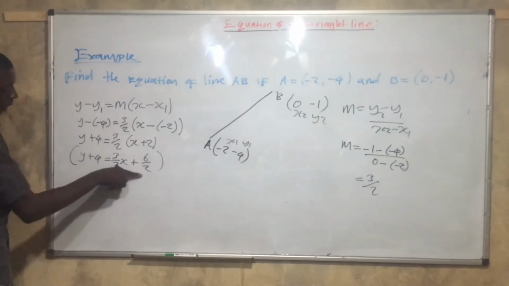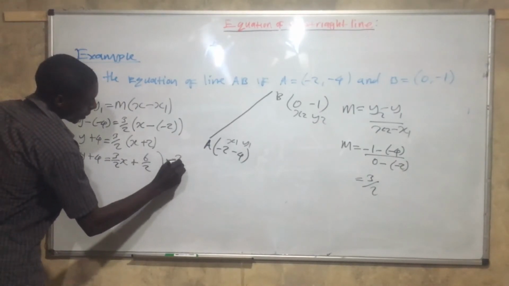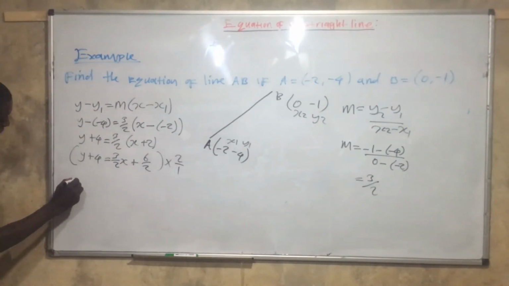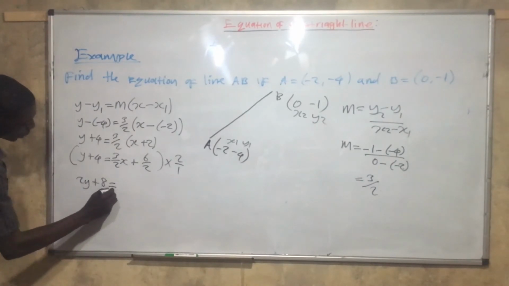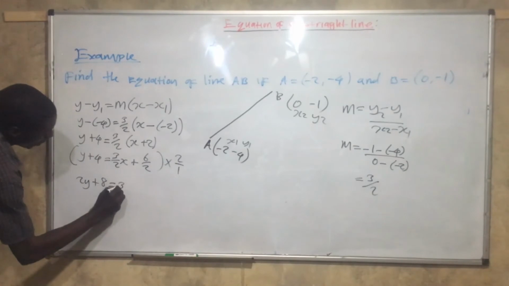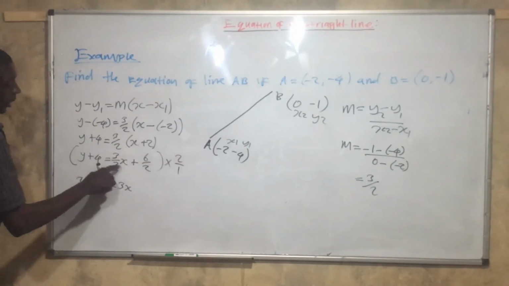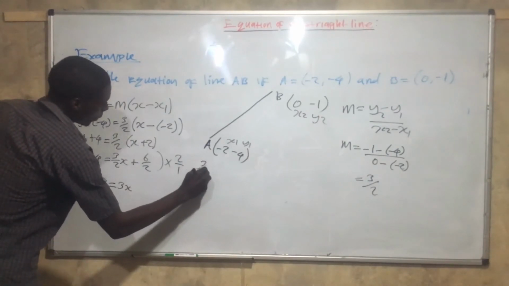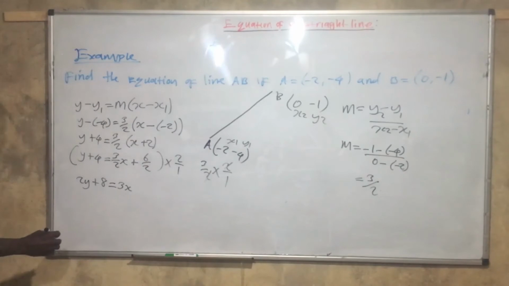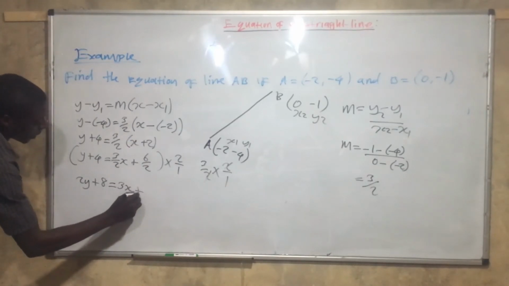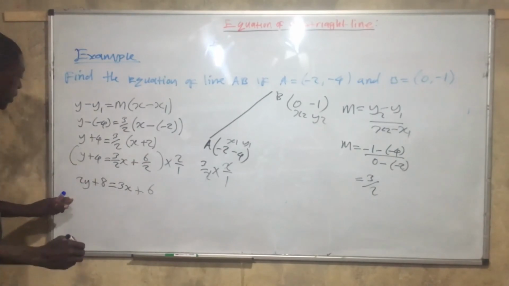To eliminate this 2, we multiply by 2/1. So this is going to be 2y plus 8 is equal to 3x plus 6. Now we have eliminated the fraction.